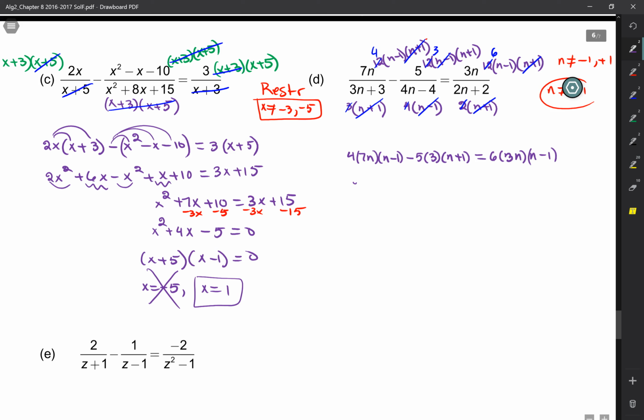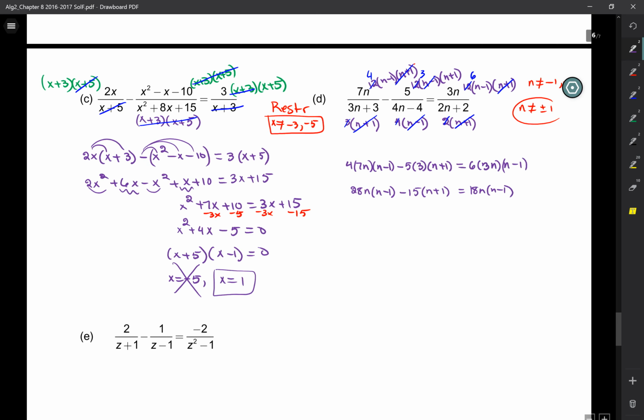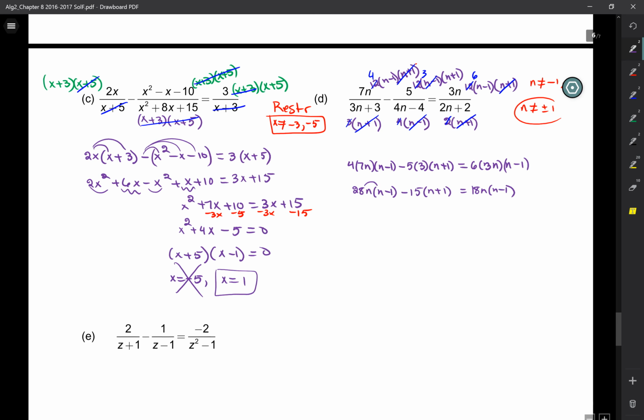So 28n(n - 1) minus 15(n + 1) equals 18n(n - 1). All right, we distribute: 28n² minus 28n minus 15n minus 15, equals 18n² minus 18n.